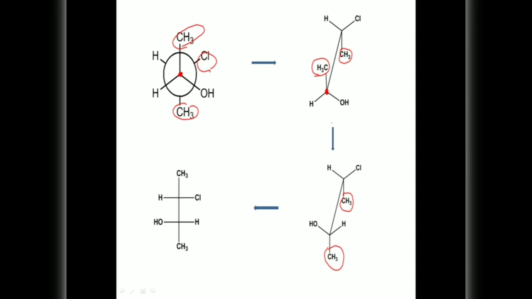To bring this CH3 downward, it is rotated by 180 degrees. Now CH3 is downward, OH is upward and this hydrogen is also upward. But this hydrogen comes to the right side and this OH comes to the left side. Initially it was in the downward direction, but by the rotation, the position of the groups changes.